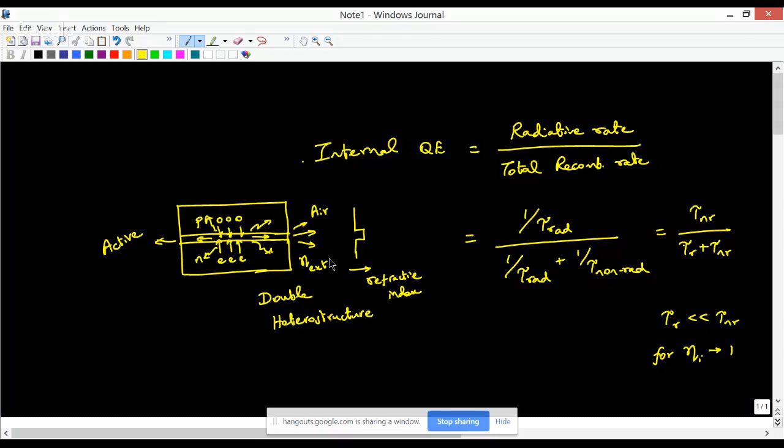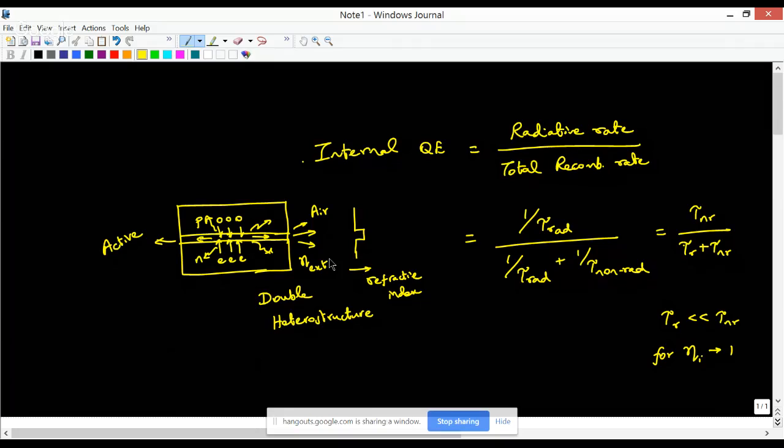So eta external refers to the fraction of photons which are escaping this semiconductor structure. Okay, so you may have a billion photons that are generated within the structure, but only a fraction of those photons are escaping the structure.